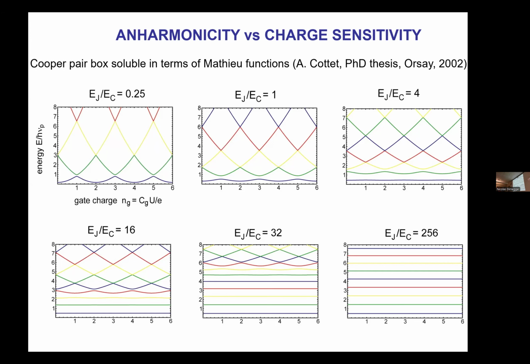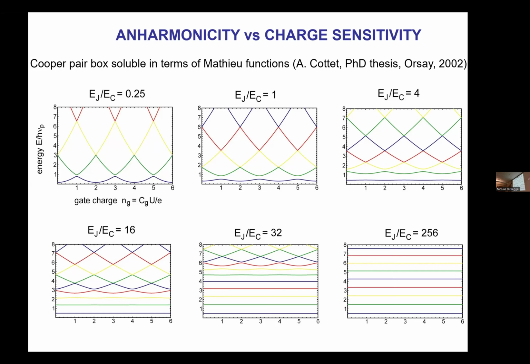So trans means that you have gone from this Cooper pair box regime to this regime. And it's not that there's a transmission line in the transmon. Actually, there's not anymore any transmission line in the transmon. So this is, in my view, the reason why the transmon was called transmon.